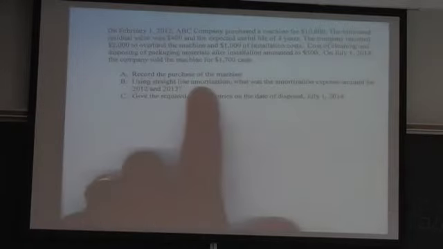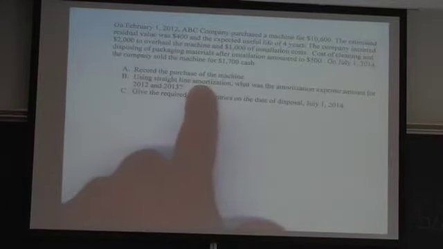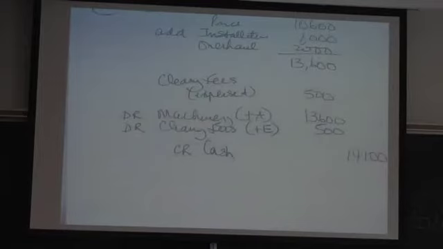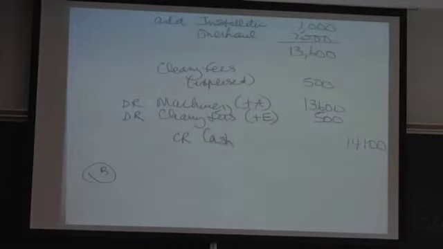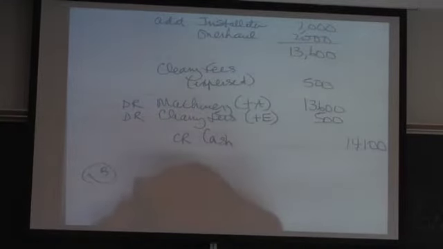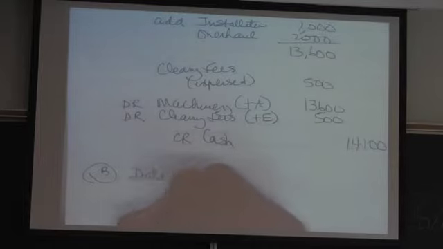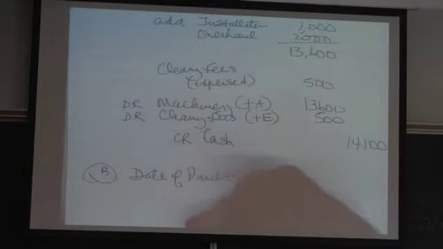Now, the second part of the question says, using straight line, what is the amortization expense for 2013 and 2014? Now, this asset was purchased on February 1st, 2012.